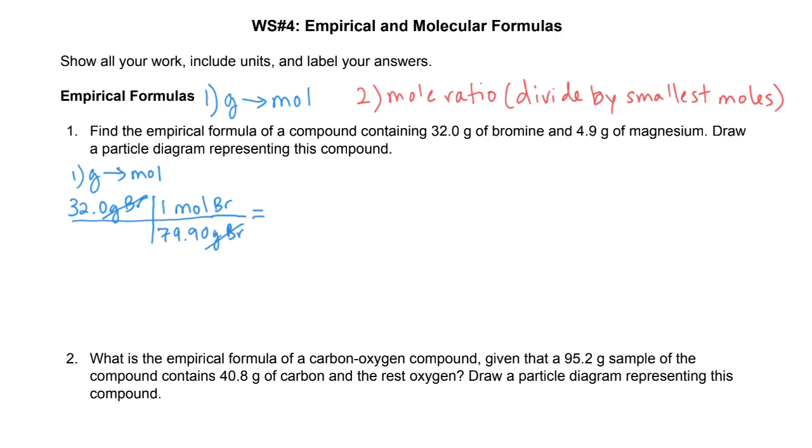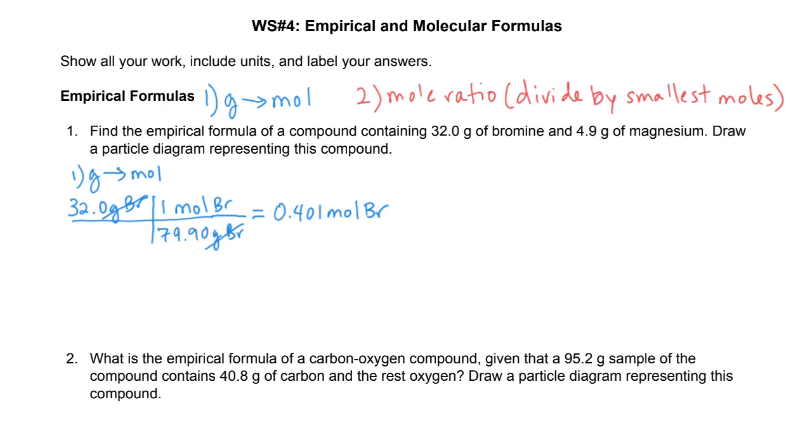So when things are on the bottom of the train tracks, we divide, and if on the top, we multiply. So we take 32 times 1 divided by 79.9, and that gets us to 0.401 moles of bromine.